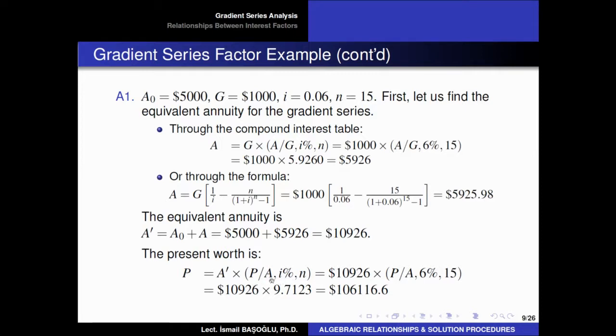That value either can be computed by formula, or again, you can check the table. You can identify A over P, and 9.7123 would be the multiplicative inverse of that value. And the P value will become 106,116.6.